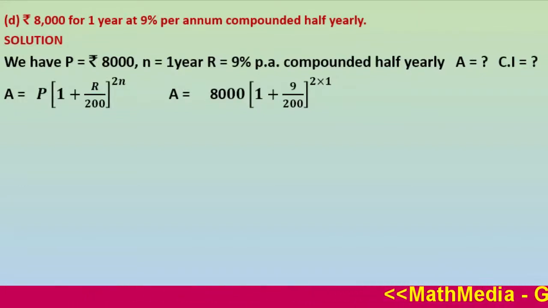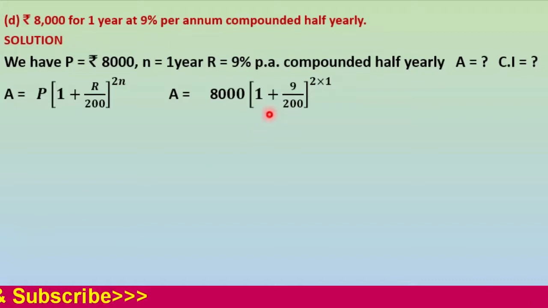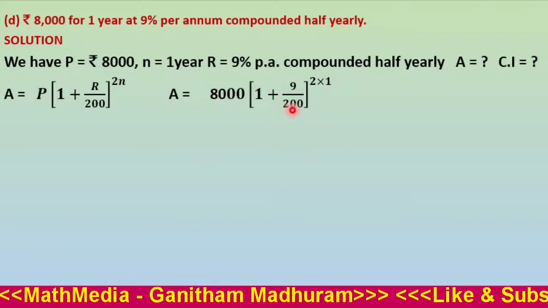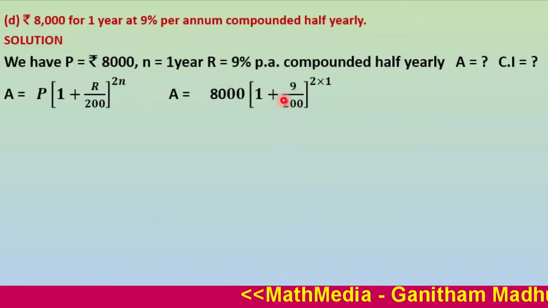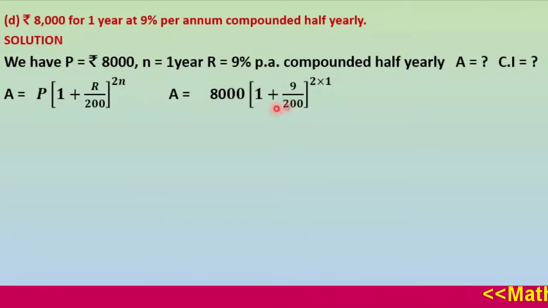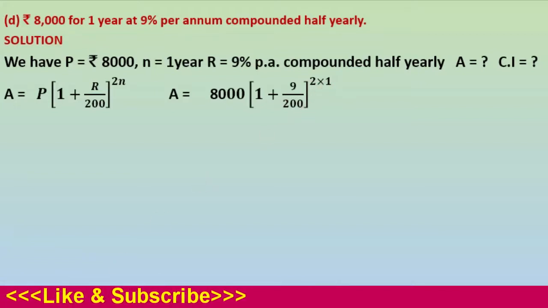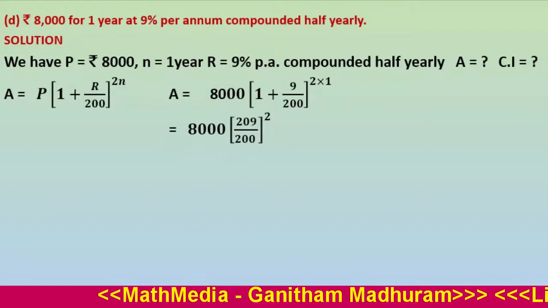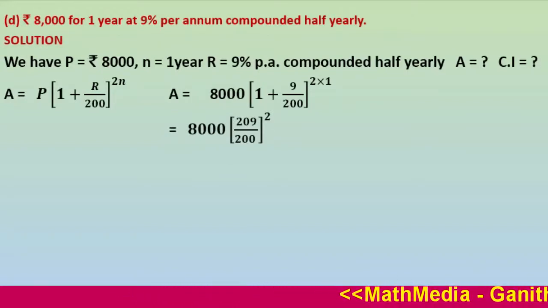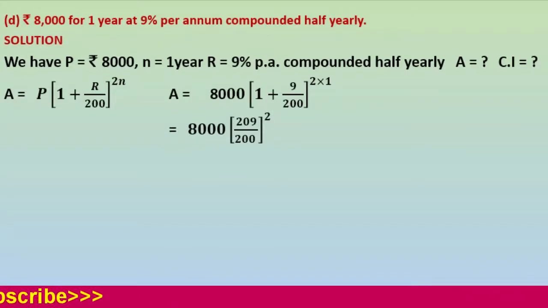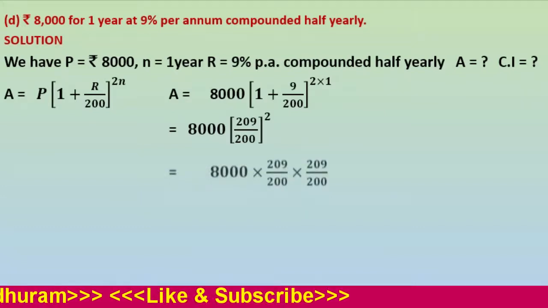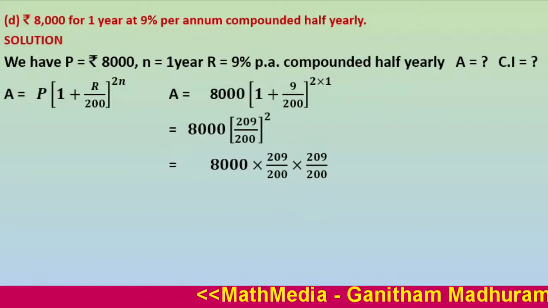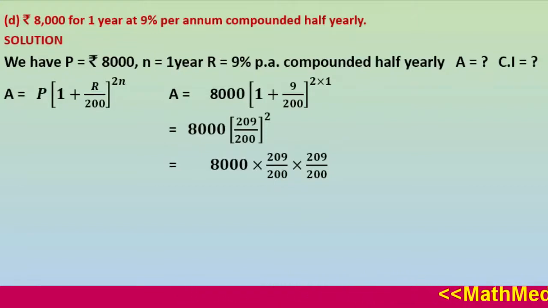While solving the bracket, we get 200 plus 9 upon 200, that is 209 divided by 200 whole raised to 2. So in the next step we can write 8,000 into 209 upon 200 whole square equal to 8,000 into 209 upon 200 into 209 upon 200.